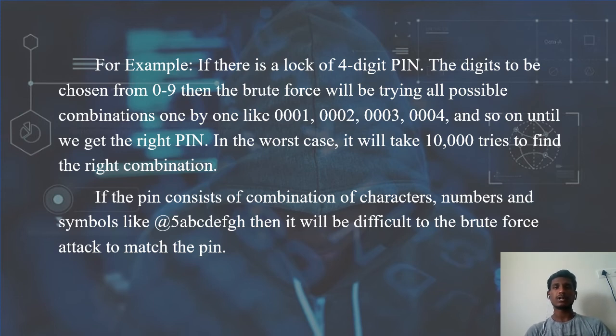In the worst case, it will take 10,000 tries to find the right combination. If the pin consists of a combination of characters, numbers and symbols, like one symbol and a number and some characters, then it will be difficult for the brute force attack to match the pin.